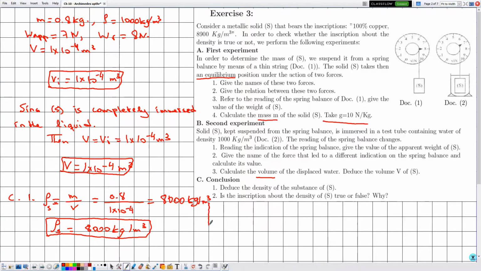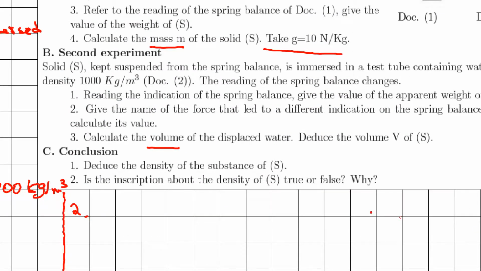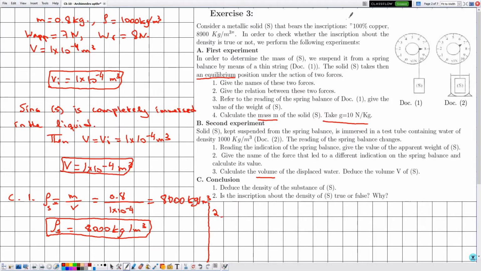Now number 2, the final part in this exercise, is this inscription about the density of S true or false? By this inscription, they are referring to the inscription in the text of this exercise, which is 100% copper, 8,900 kilogram per meter cube.